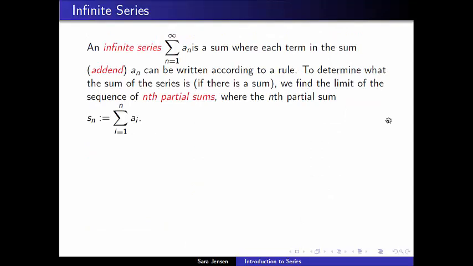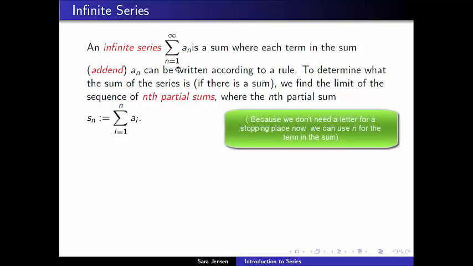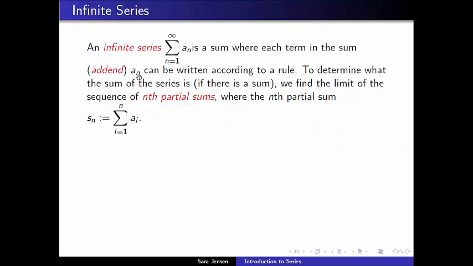Now where this comes into play is that the next topic of study for us will be what are called infinite series. They are the sum starting at 1 and this time going all the way up to infinity of some terms, where the a sub n terms, or the addends, can be written according to a particular pattern or rule.